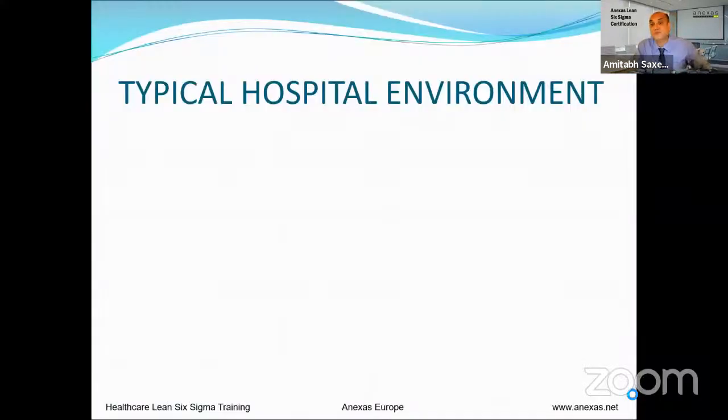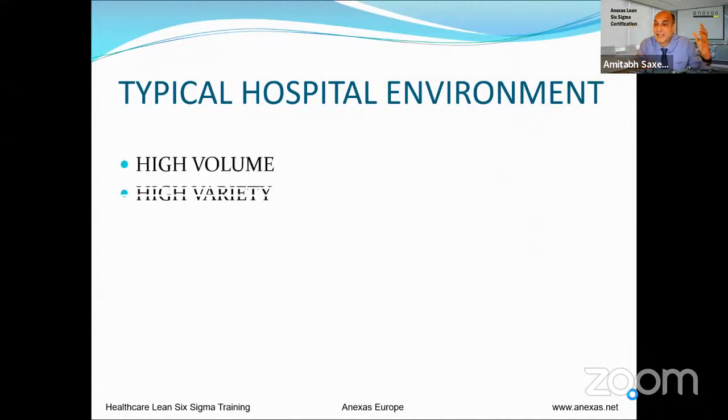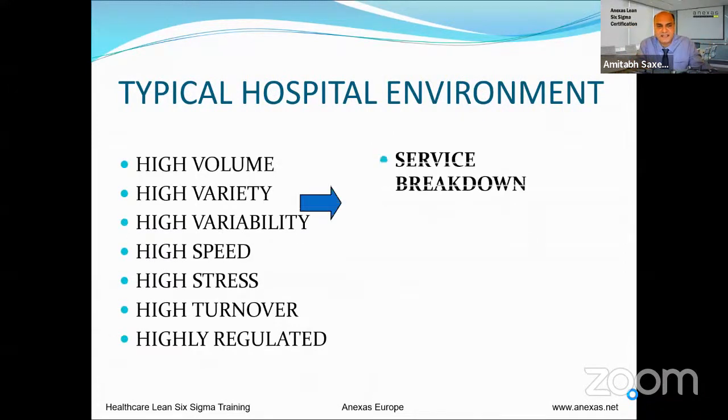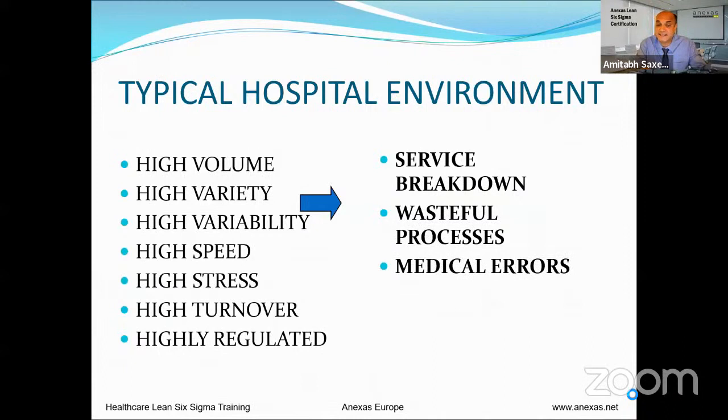So I'm trying to give you the wastes present in any environment. In a typical healthcare setting, you have got high volume, high variety, high variations, high speed, high stress, high turnover, it is highly regulated, right? It leads to service breakdowns, wasteful processes, and medical errors.